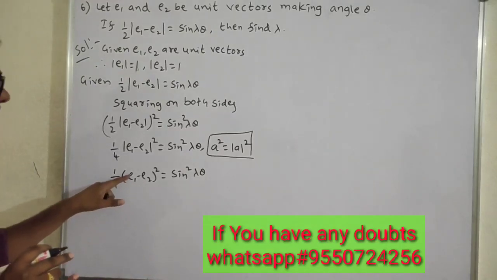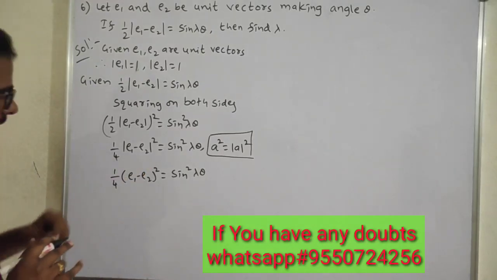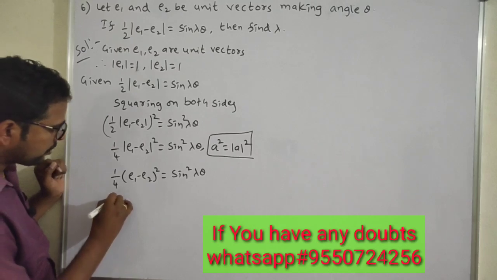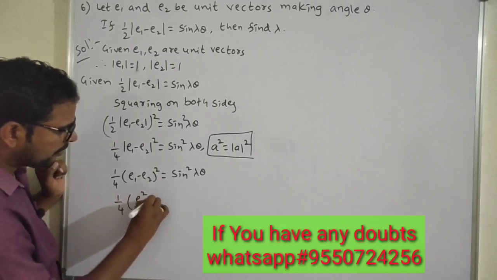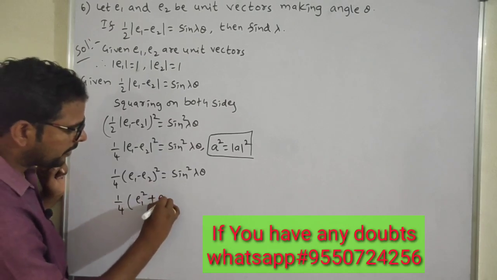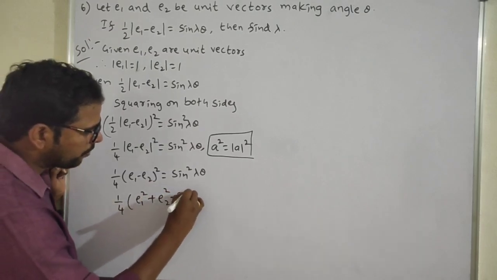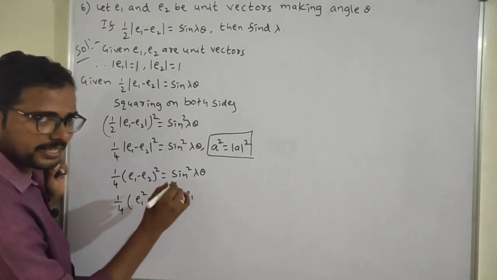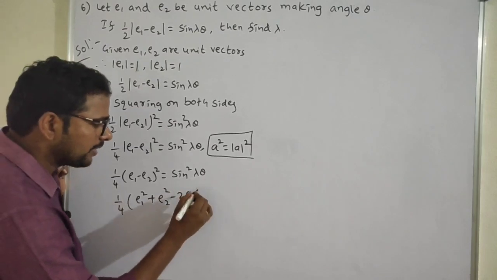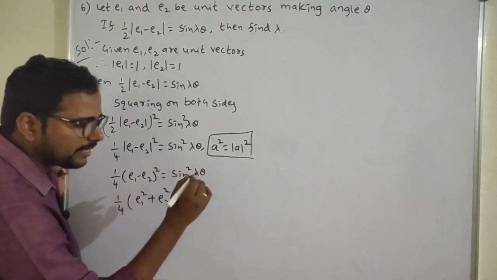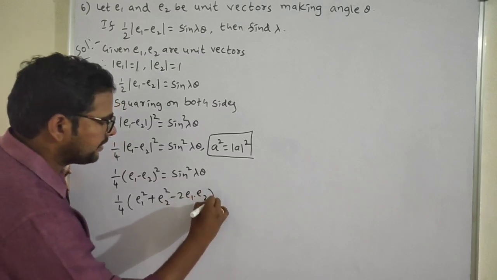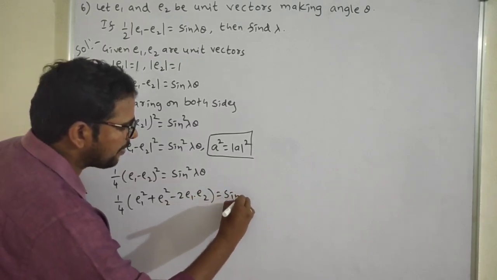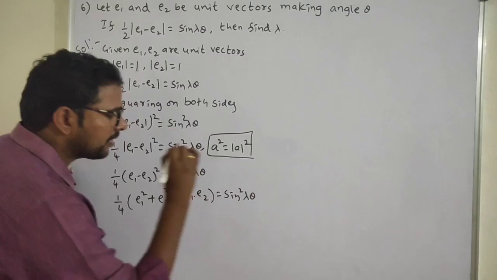So it is in the form of a minus b whole square formula. What is the a minus b whole square formula? a square plus b square minus 2ab, where here we take the dot product, a dot b. So E1 square plus E2 square minus 2 E1 dot E2 is equal to sin square lambda theta.